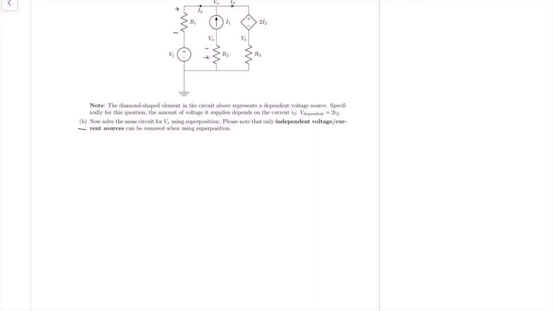So the first thing we can do is just null out this voltage source, and the way we can null out a voltage source is just draw a connection from the node on both sides of the voltage source, and so that would be just like this. And since we connected those nodes, the voltage source essentially doesn't exist anymore.